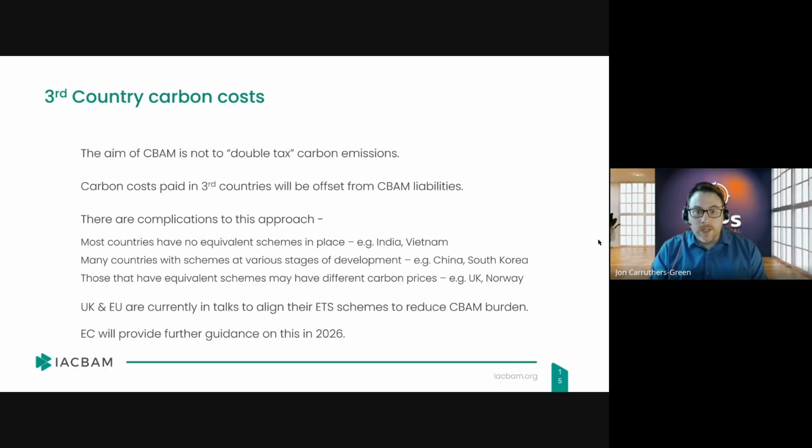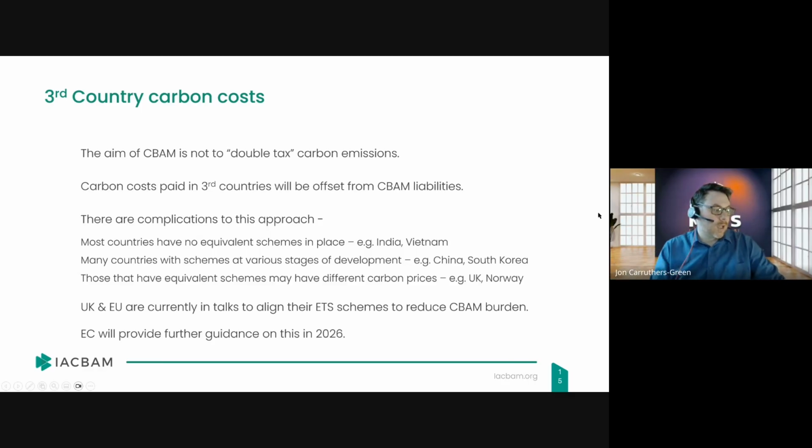Essentially, what the European Commission has said they're going to do is they're going to provide further guidance on this in 2026. So once again, we've seen that the game has started without the rules being fully clarified. But I think it just goes to show how CBAM is going to be an ongoing, evolving scheme, and we are really right at the start of it.